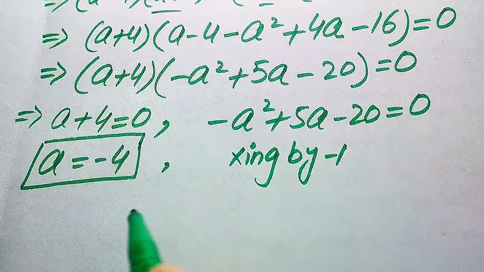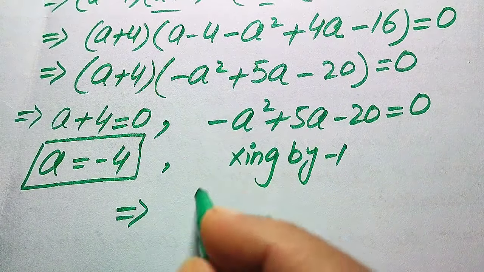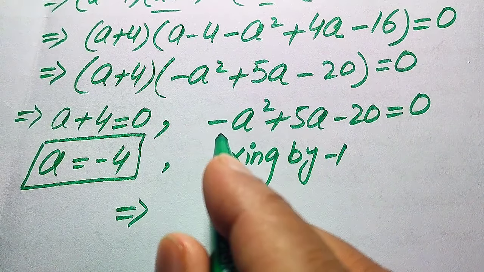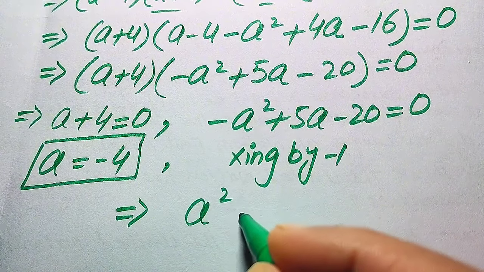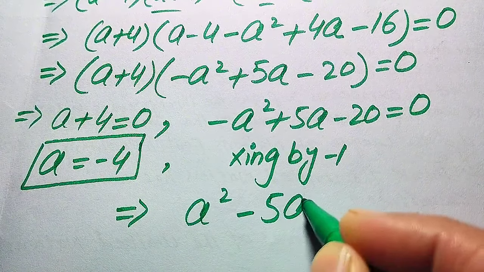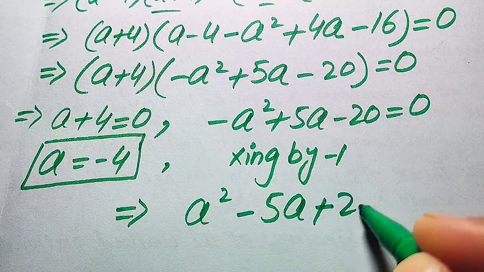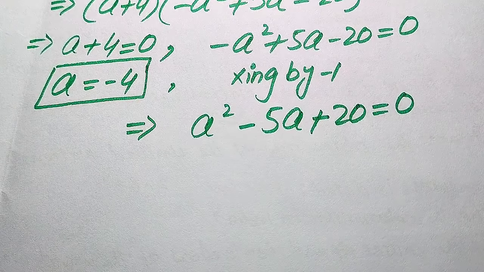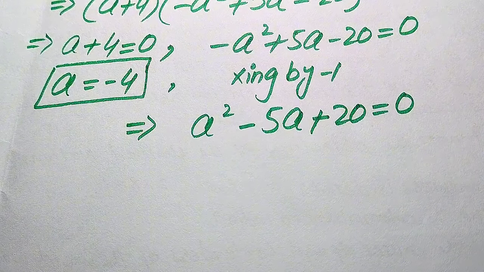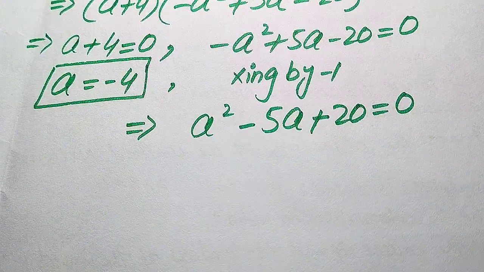So after multiplying this by -1, it will be written as, minus times minus becomes plus a square, this is plus a square minus 5 times of a, and this is plus 20 is equal to 0.